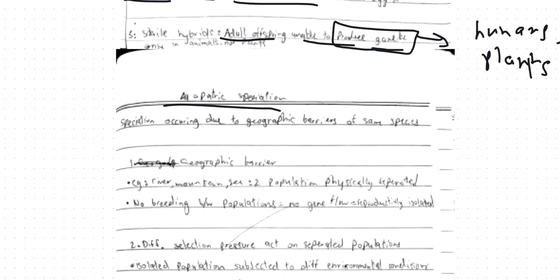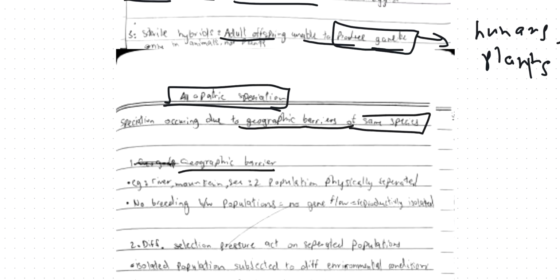The first one is allopatric. So remember, allopatric speciation happens due to geographical barriers between the same species. Geographical barriers can be anything, so rivers, mountains. When two populations are physically separated, this means that the two populations cannot breed together.